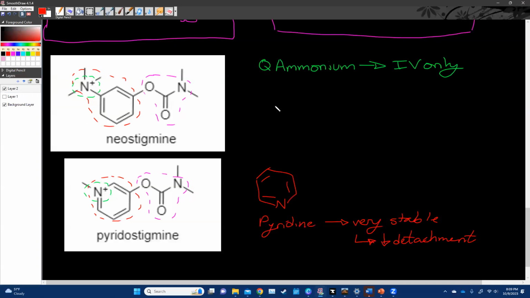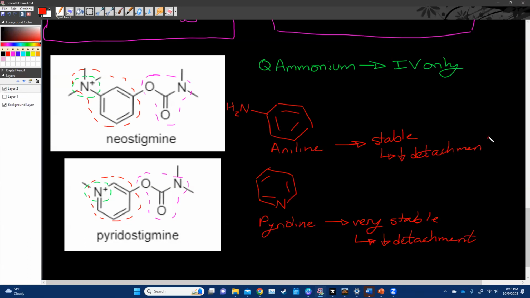And this functional group is a little bit harder to see, but it is this functional group, aniline, which I would say is just stable. I wouldn't say it's, meh. It's kind of mid-tier. But again, it's going to be decreasing detachment, increasing the duration of action, increasing the half-life.